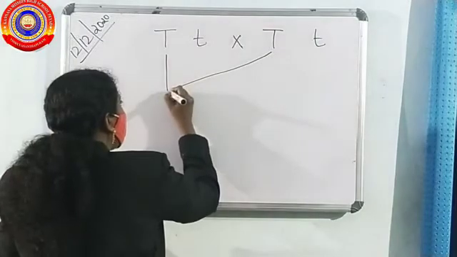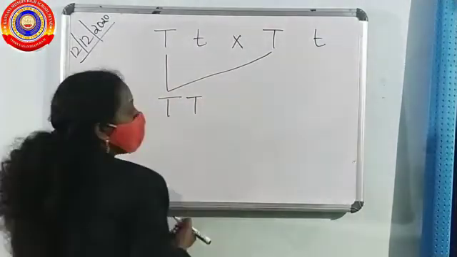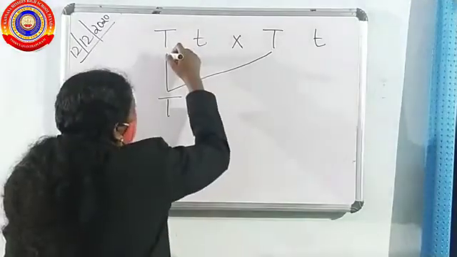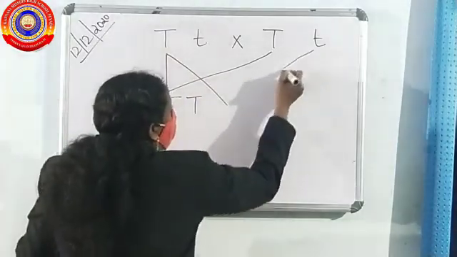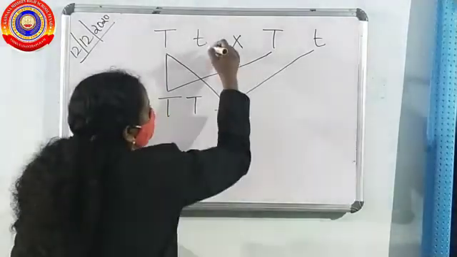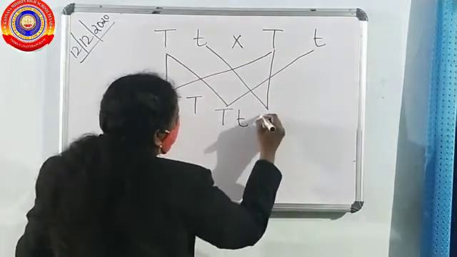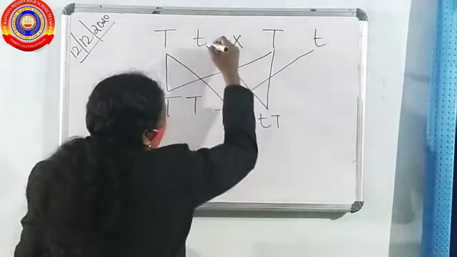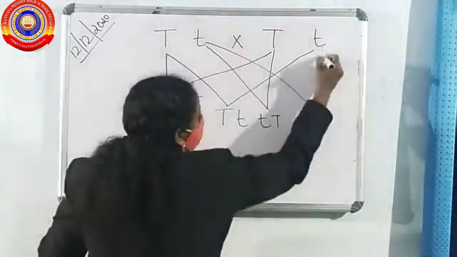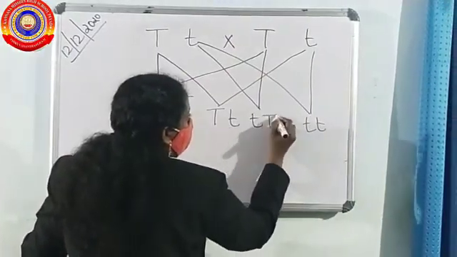Let's have a look. Capital T, capital T. Capital T, small t, then small t, capital T, last one small t, small t. This way you have to write.